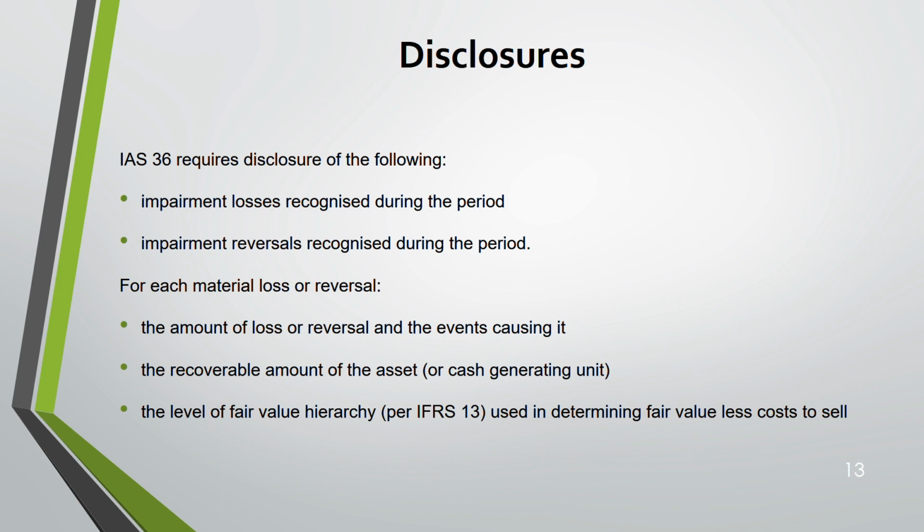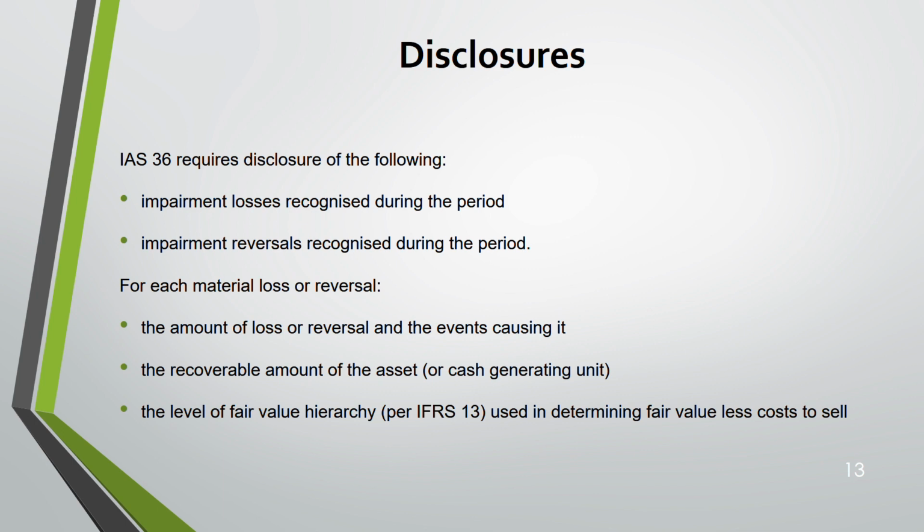There are 3 levels, level 1, level 2, level 3, in measuring fair value. We know that, right? Level 1 is the most secure and most preferred. Why? Because there's a price. Let's say if your shares are quoted, if your shares are public, you can easily find the fair value. Level 2, you can find out for similar assets, not exactly the same price, but for similar you have to do some adjustment.